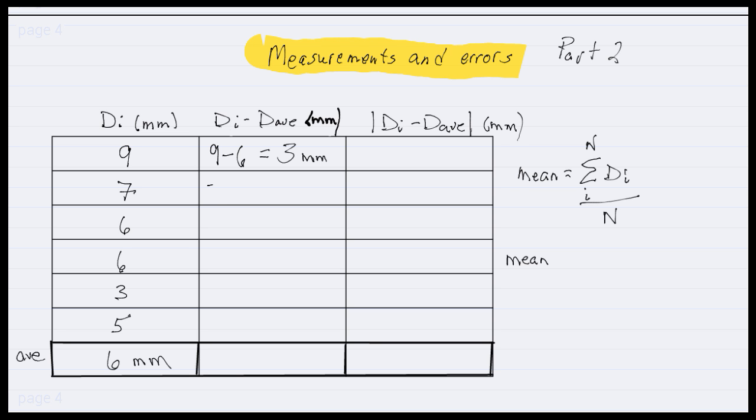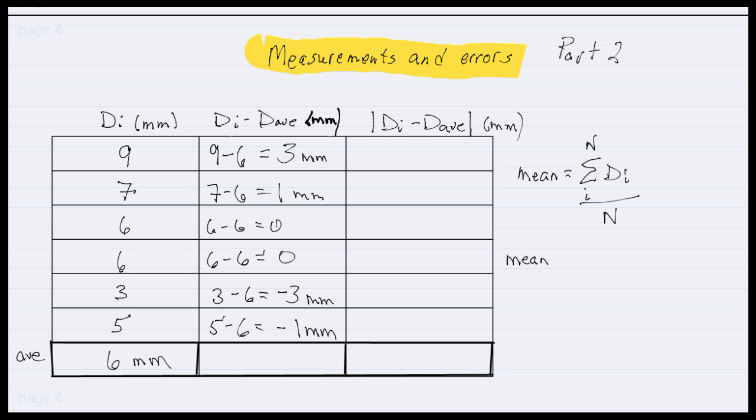For the second, it's 7 minus 6, which is 1 millimeter. Then 6 minus 6 is 0. Again, 6 minus 6 is 0. 3 minus 6 is negative 3 millimeters. And 5 minus 6 is minus 1 millimeter.